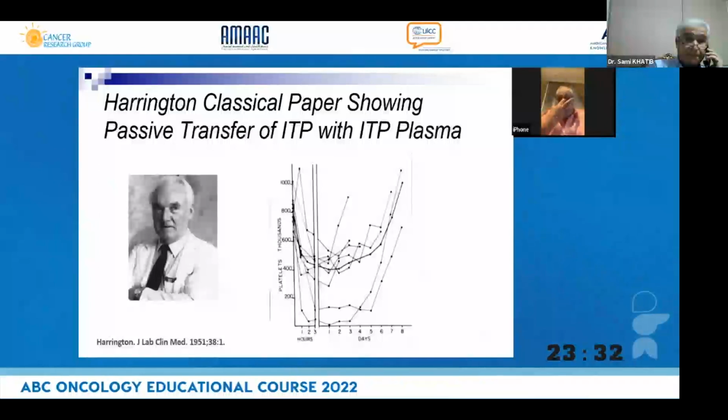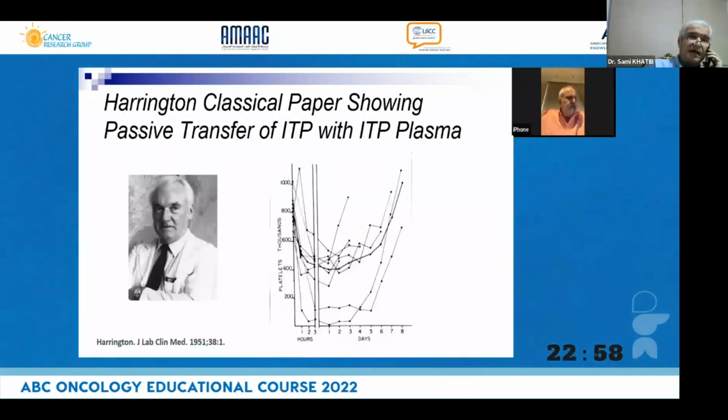Going back to the history of ITP, I think you all know the experiment of Harrington in the 50s, where in the classical paper he presented the passive transfer of ITP plasma, which means that when you take plasma from an ITP patient and give it to a normal individual, it can cause thrombocytopenia.